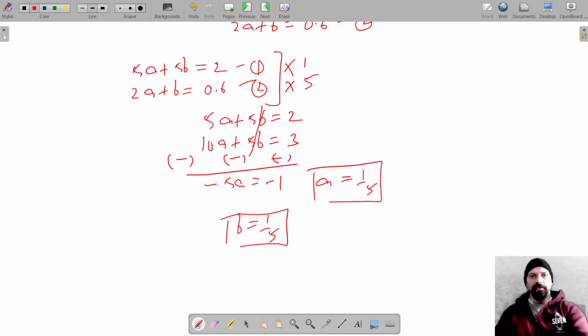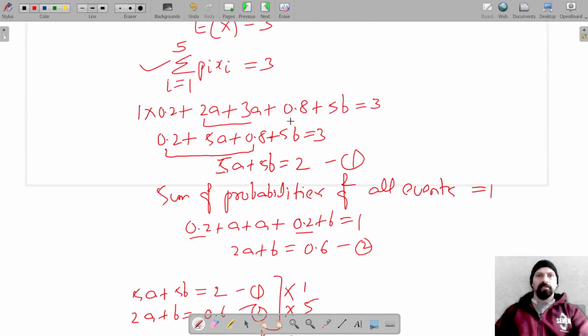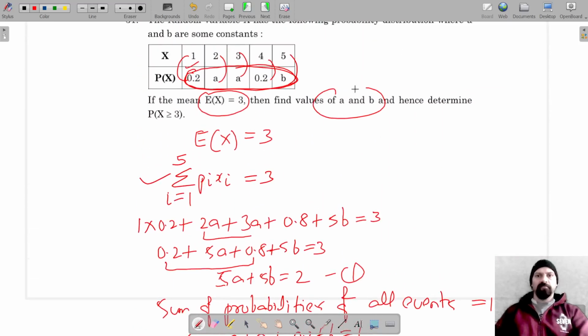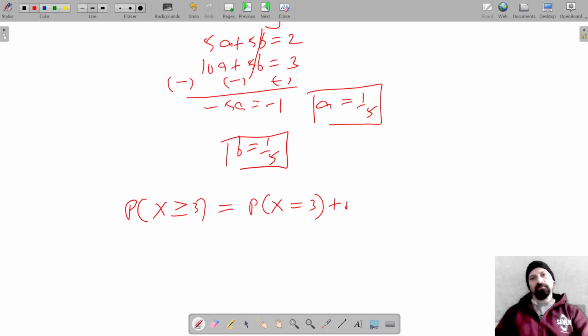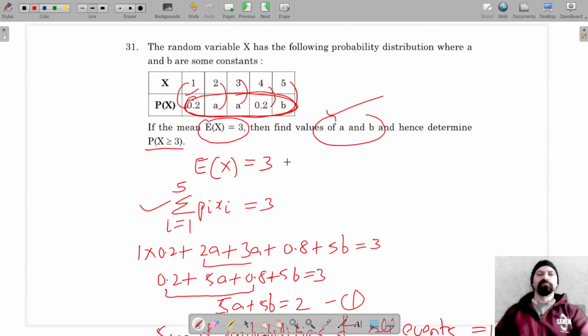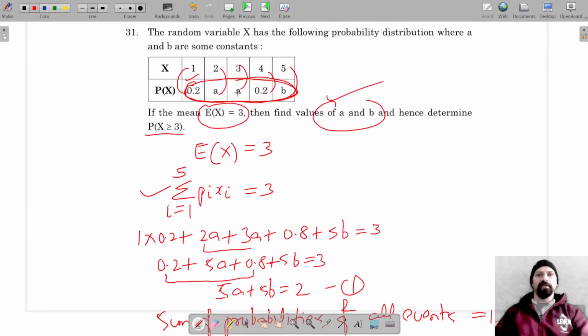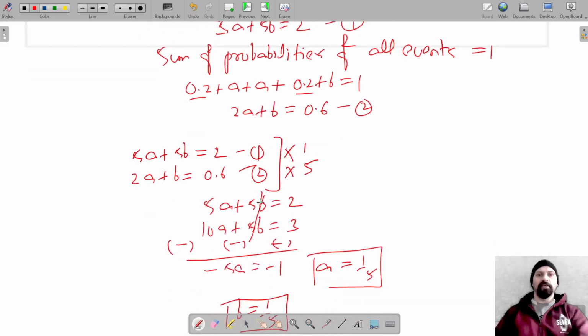Okay, now in this question, it's further asked, we have determined the values of a and b, and hence determine the probability of when x is greater than or equal to 3. So the probability when x is greater than or equal to 3 means the probability when x is equal to 3 plus the probability when x is equal to 4 plus the probability when x is equal to 5. So for 3, the probability is a.